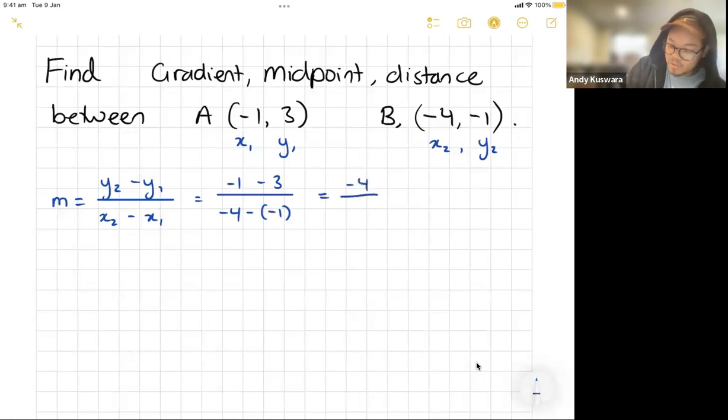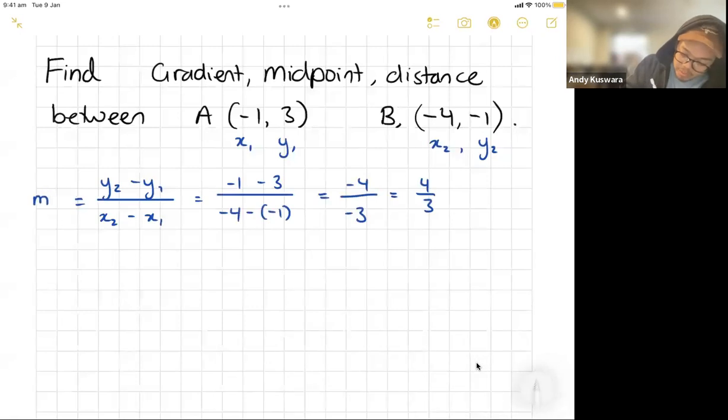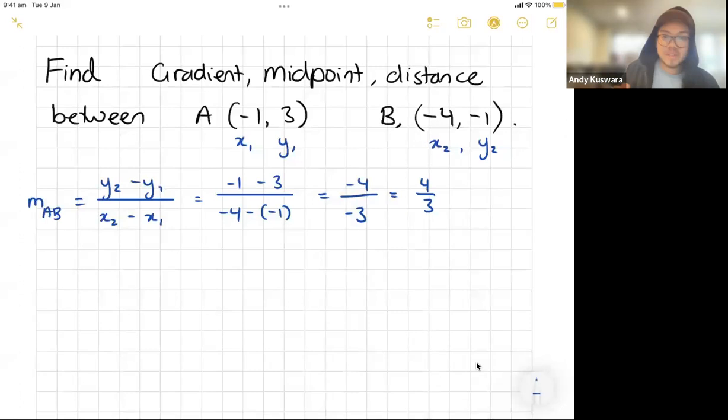This will give you -4 on -3, and that should just be +4 on 3. That's correct. Some people will be a little bit pedantic about their setting out, which just means it's the gradient of the interval AB. So that's gradient.